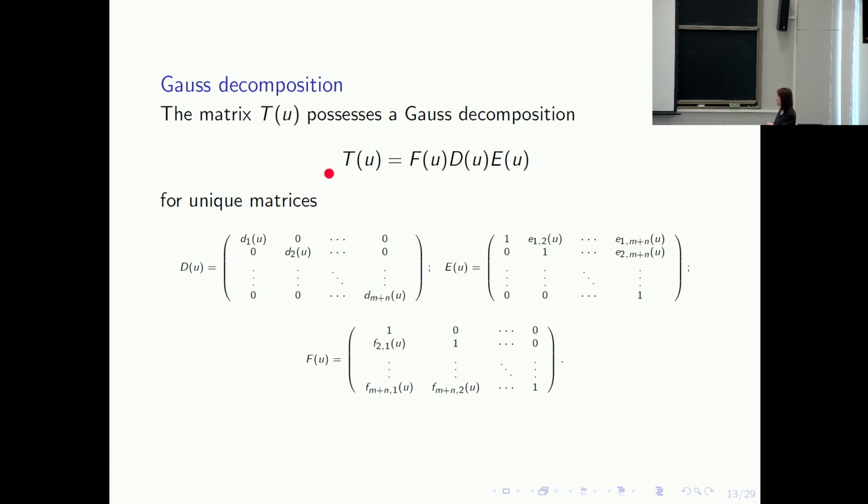By multiplying out the matrix product of the Gauss decomposition, we see that each generator t_ij^(r) can be expressed as a sum of monomials in d_i^(r), e_ij^(r), f_ji^(r) in certain orders, namely f's before d and d before e.